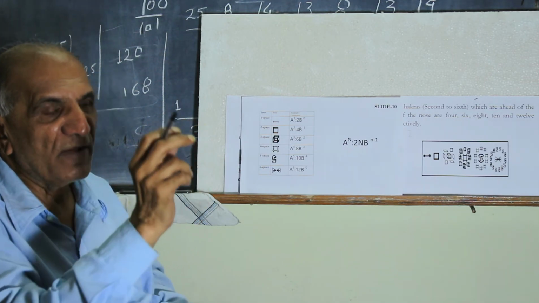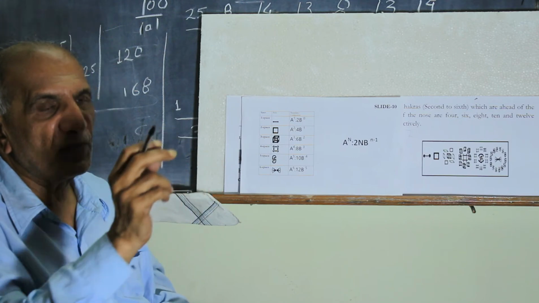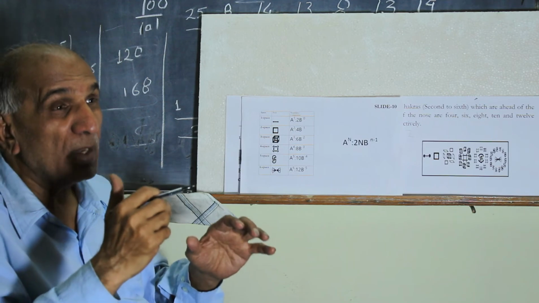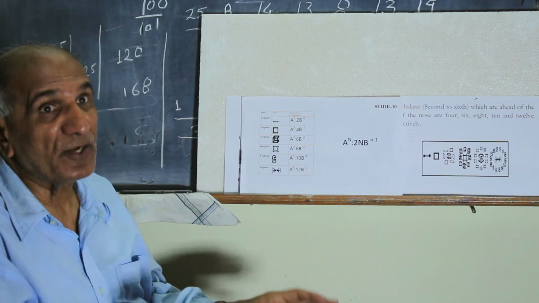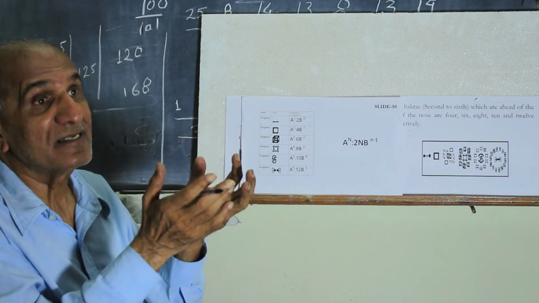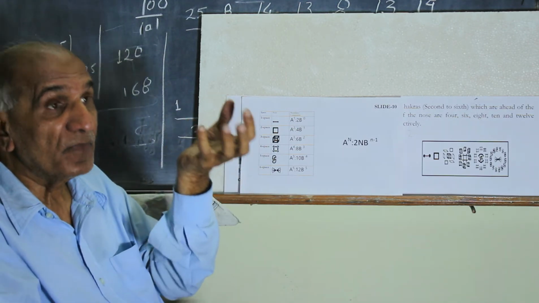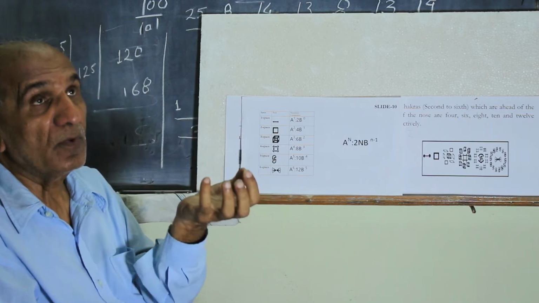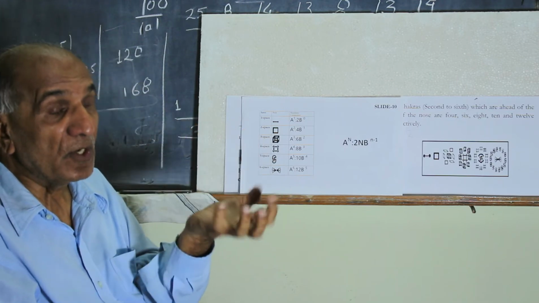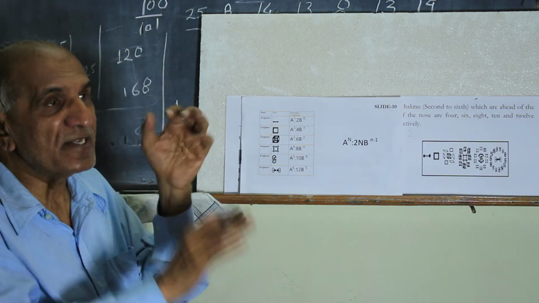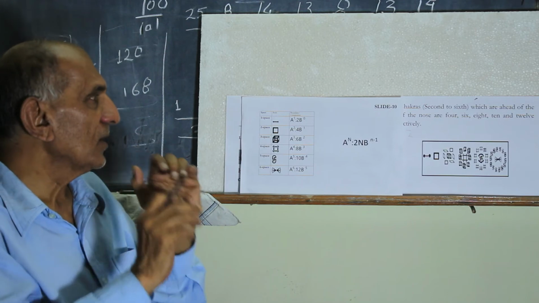A room with 5 walls, a room with 4, 3, 2, 1, and ultimately a room in which there is no wall at all. That particular volume, that particular room which has no wall or floor or roof, is the 7th version.